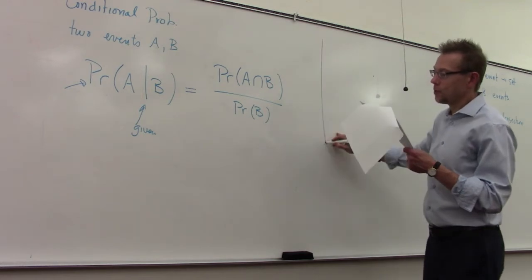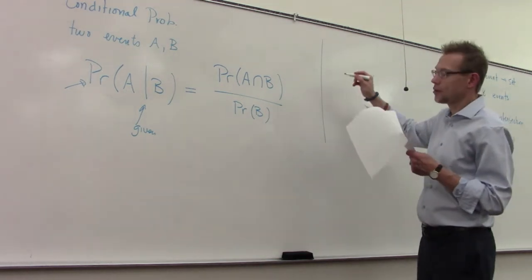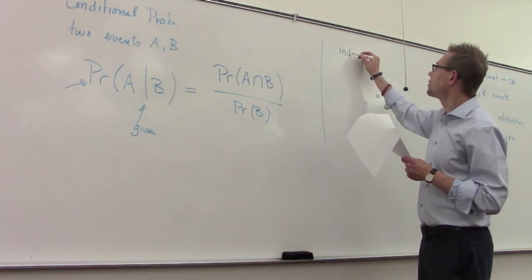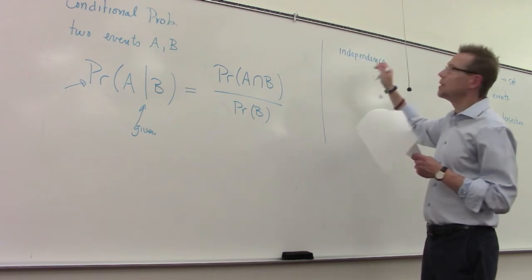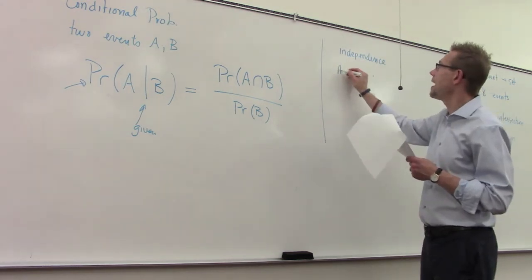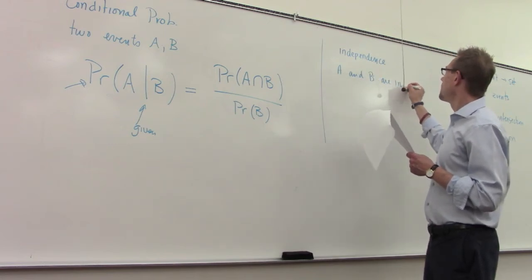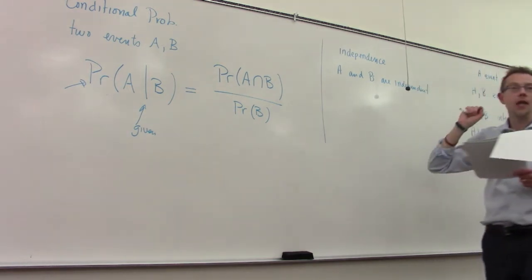So this is the definition in terms of conditional probabilities. It then leads us to another definition, which is independence. So we refer to two events, A and B, as independent.